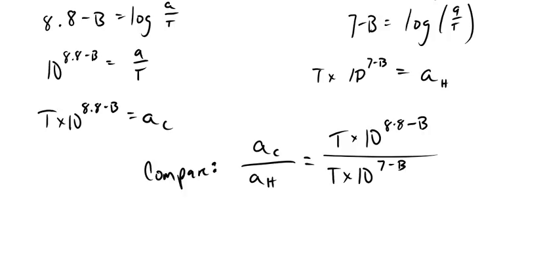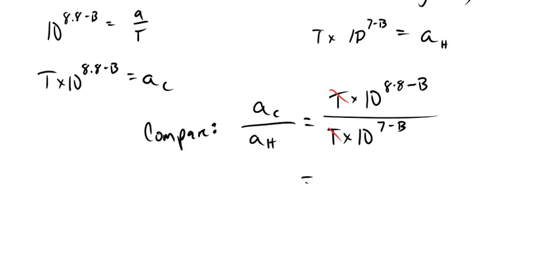Okay, what do I do first? This one's, again, a little bit different. It's pretty straightforward, though. What do we want to do first? Vivian? Cancel out the T. Good. Like I said, the T is the same for both. Now what can I do?